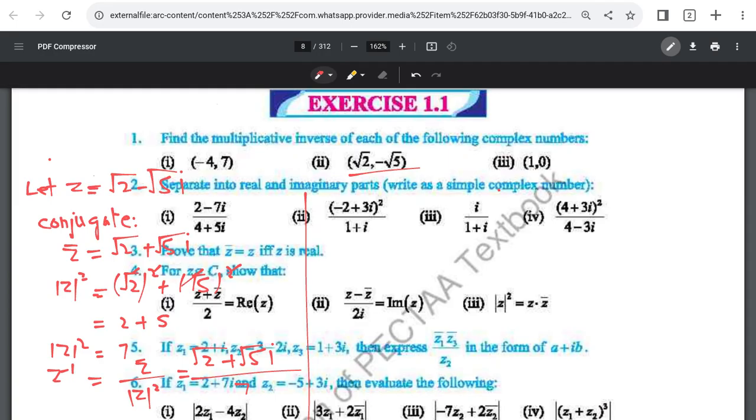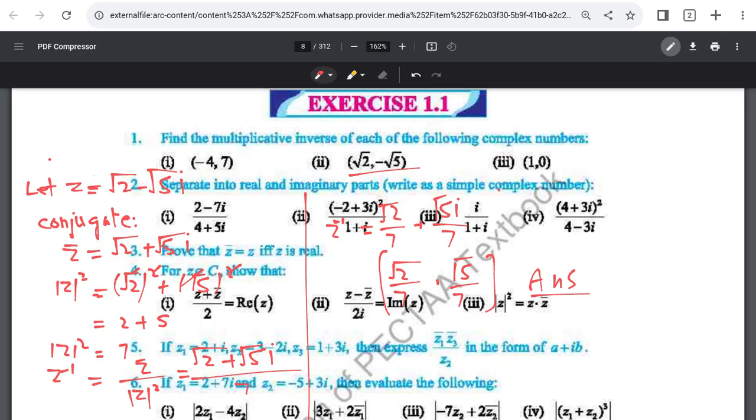Then we have 2 square root over 7 plus 5 square root iota over 7 as z inverse. Okay, so our final answer will become 2 square root over 7 and 5 square root over 7. So this is the answer of part 2 of question 1.